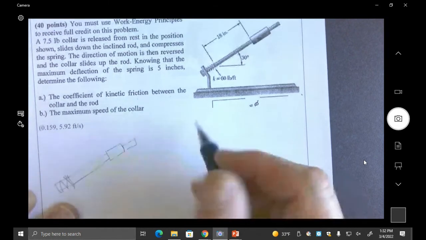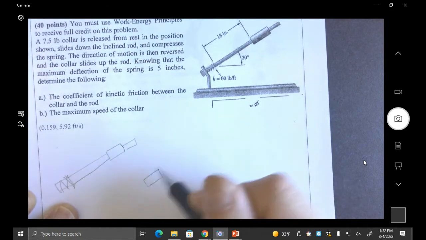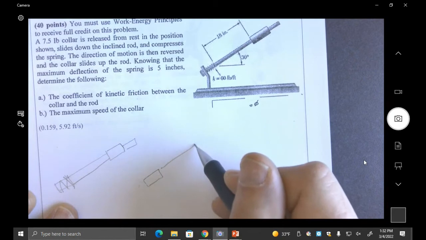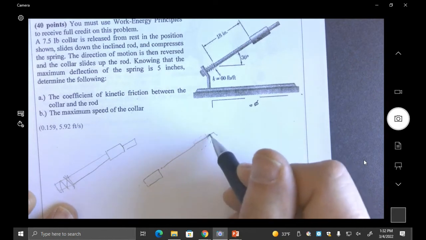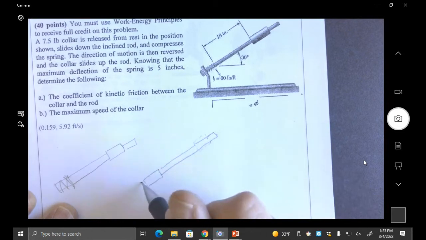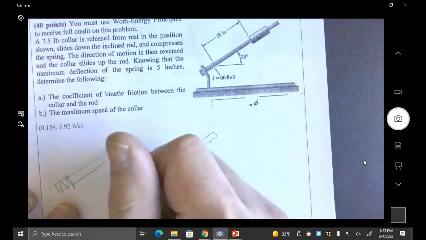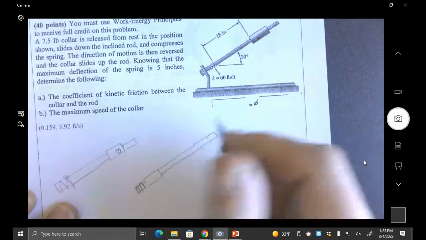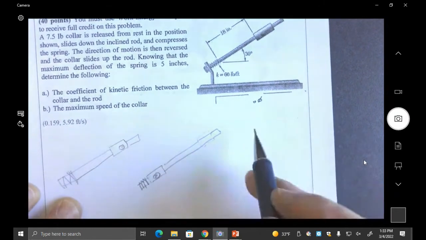Here is state 1, and here's state 2. A lot of times I'll draw that on the same diagram.